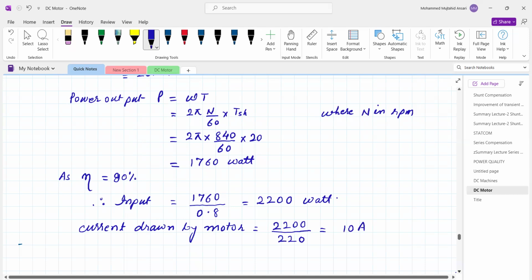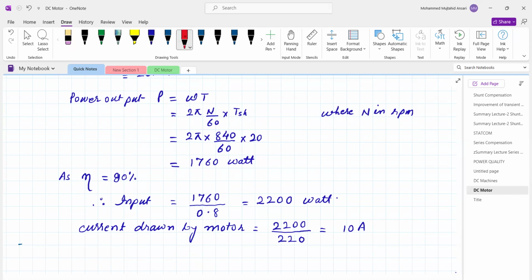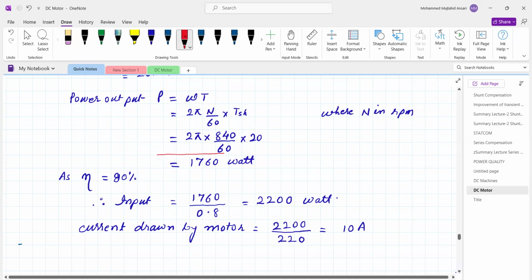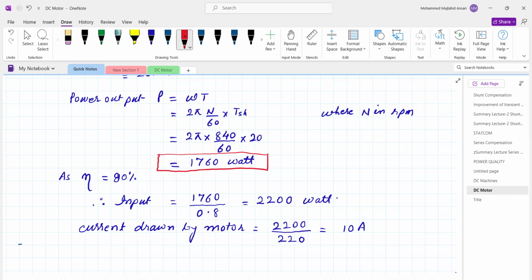So these are some parameters. First is the power output, this is the output of the motor. This is the input, and here is the current.